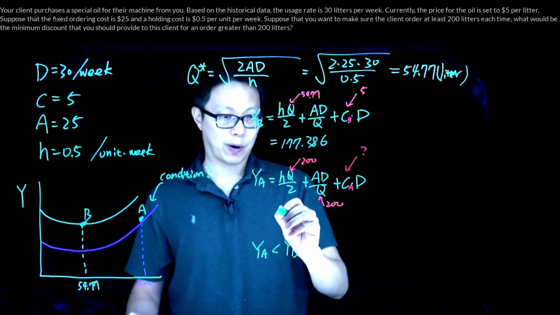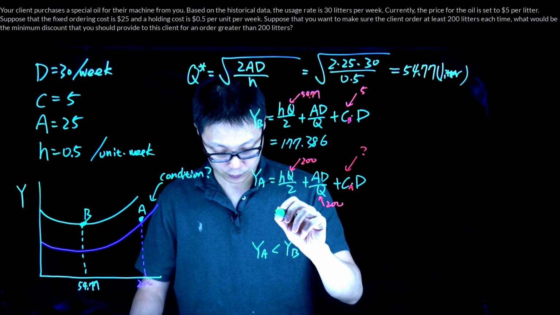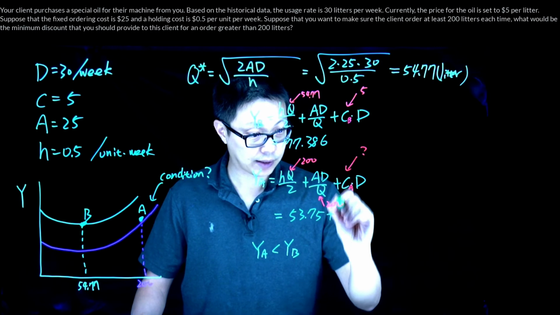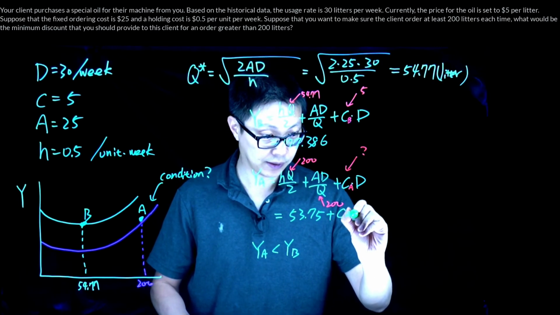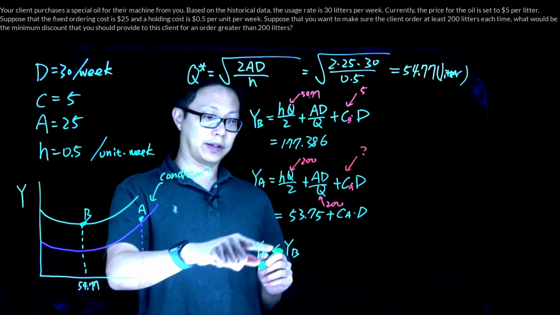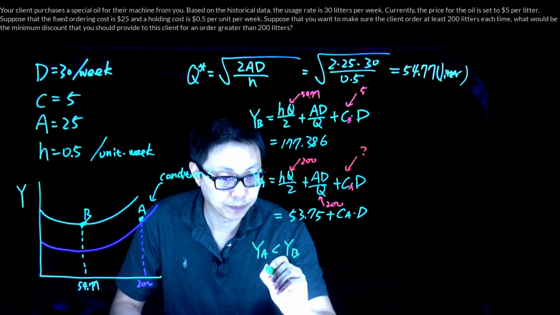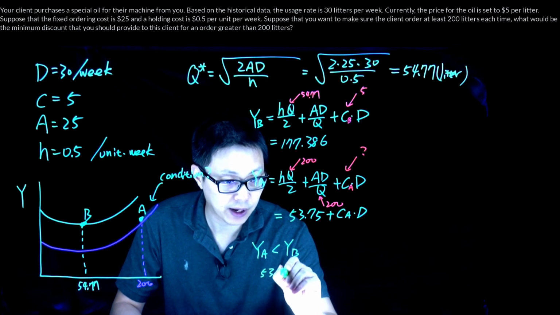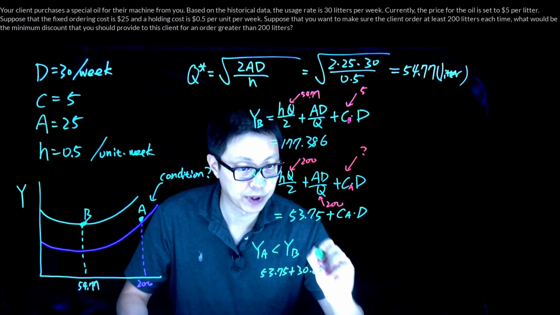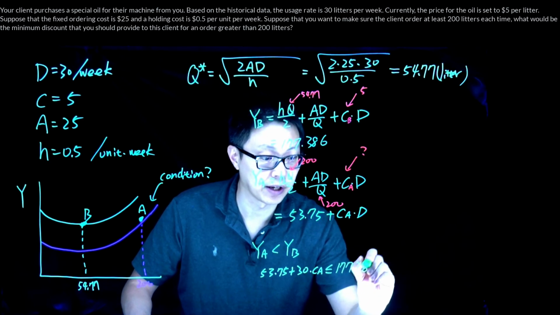So let's try to simplify YA a little bit. By plugging in all the numbers, I know YA will be equal to 53.75 plus CA times D. Okay, so to make sure YA is less than YB, I want to make sure 53.75 plus 30 times CA will be less than or equal to 177.386.